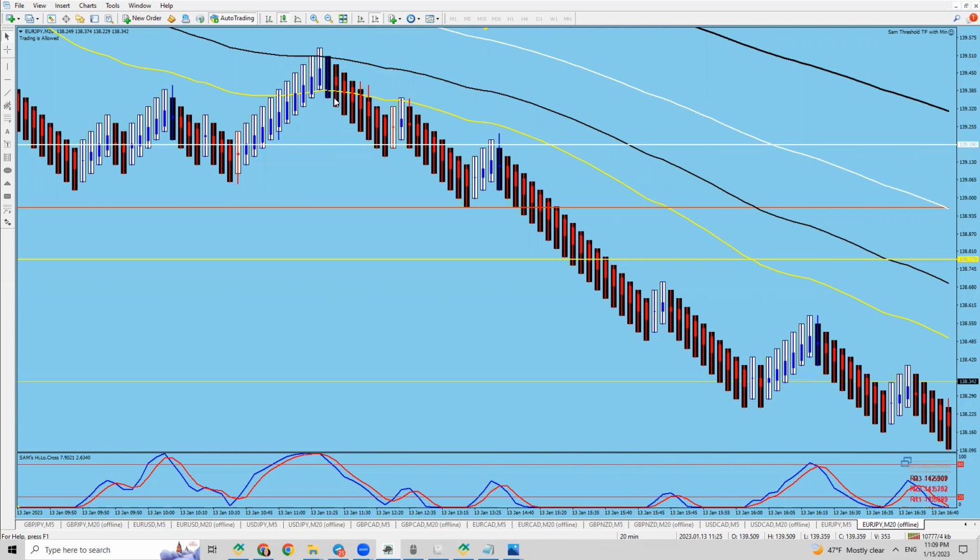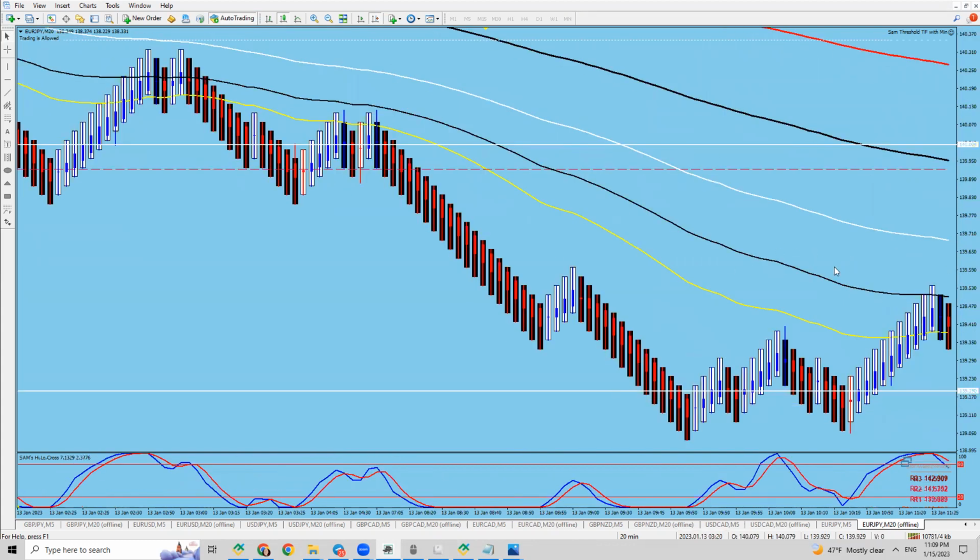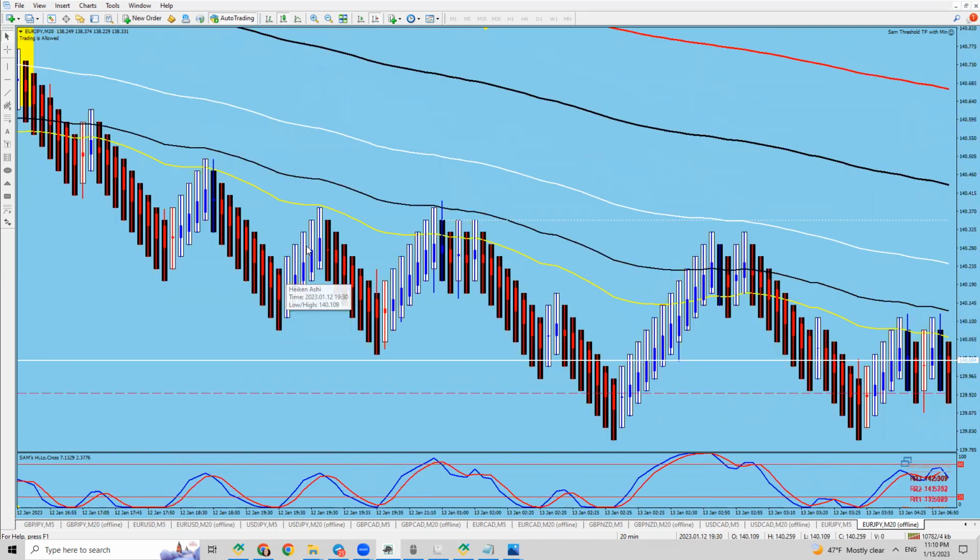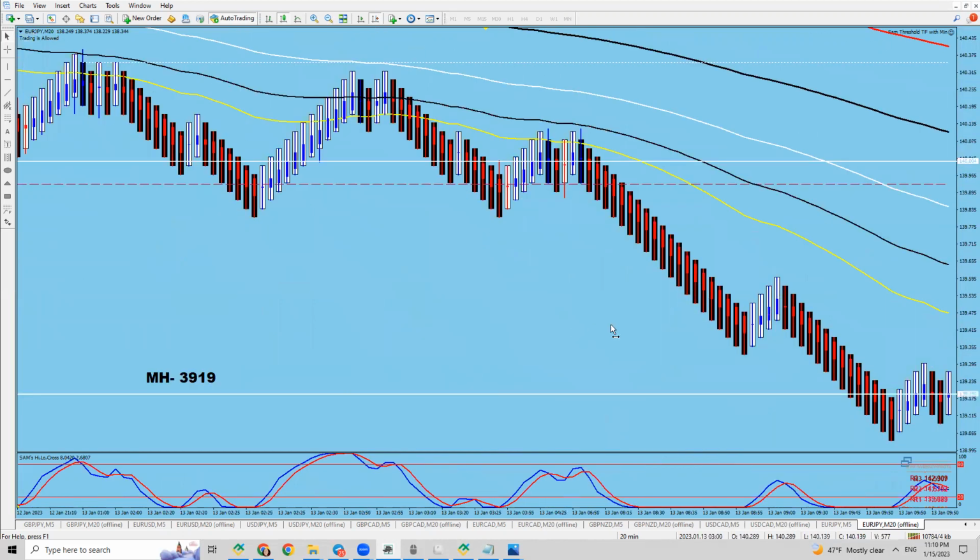That's a reversal candle, and this reversal candle closes below the last blue candle. This white candle closes above the last red candle. So this is how the reversal candles are. Like here, you can see the white candle going up, then the black candle coming down, and after that you have a red candle. So this is what it is.